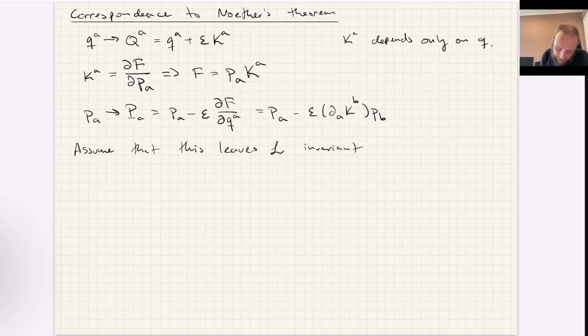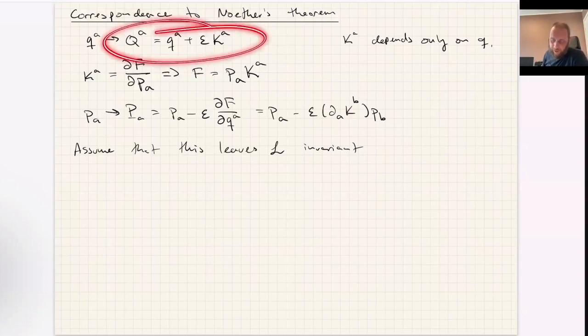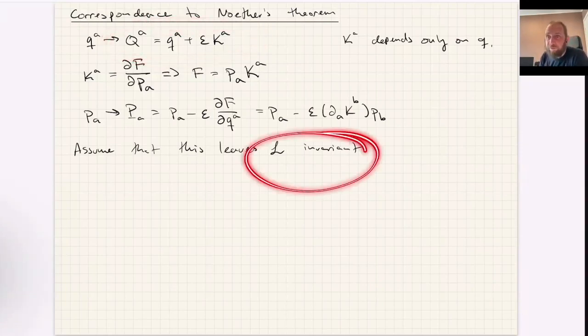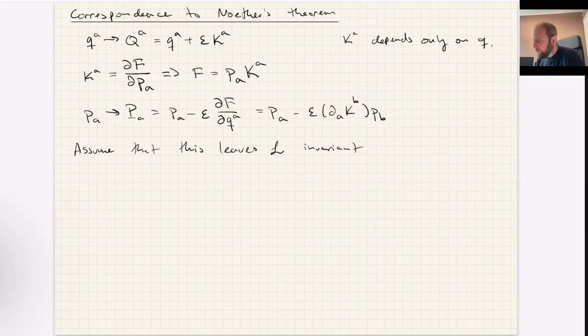So on the Lagrange side, I have some transformation that looks like this, and that leaves L invariant, as we saw in the last hour. If that is the case, then under the transformation generated by f, I can compute what the change of the Hamiltonian is.